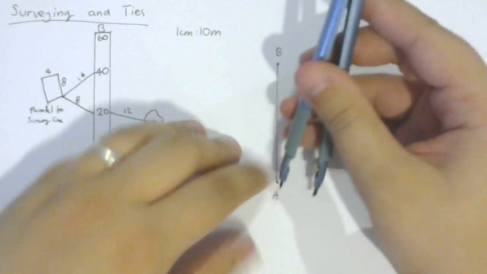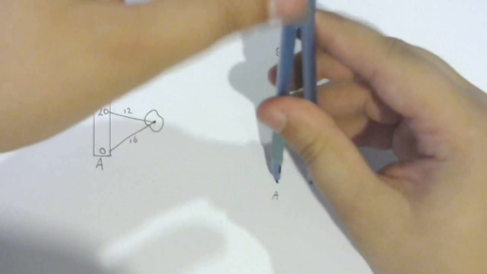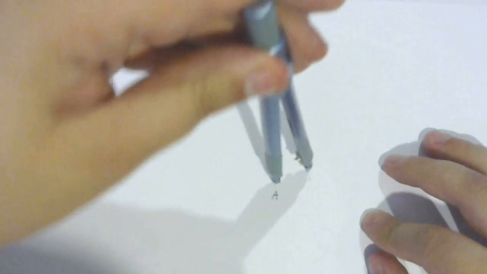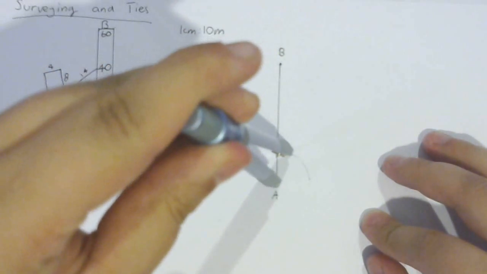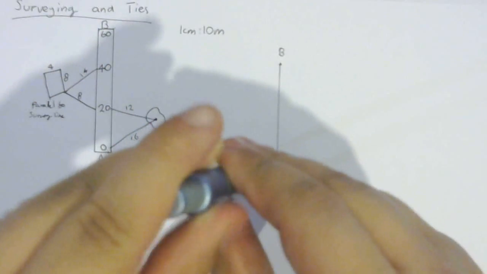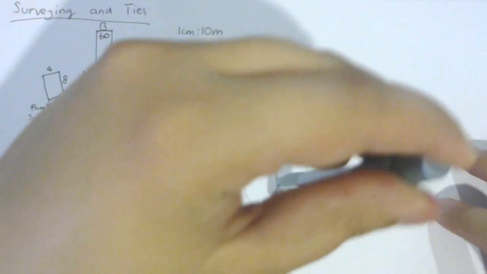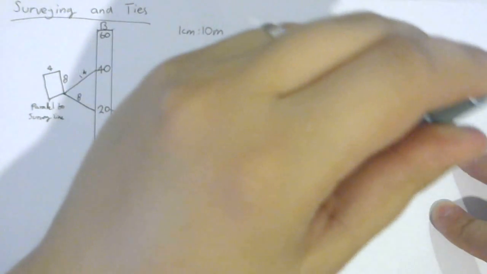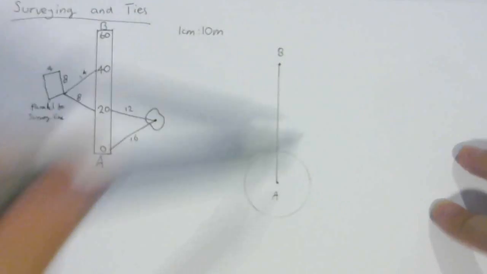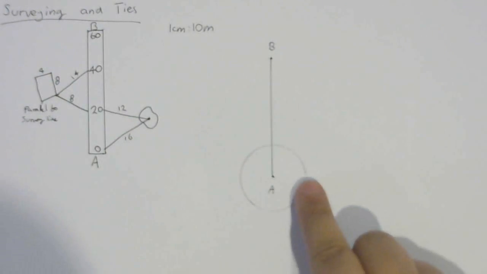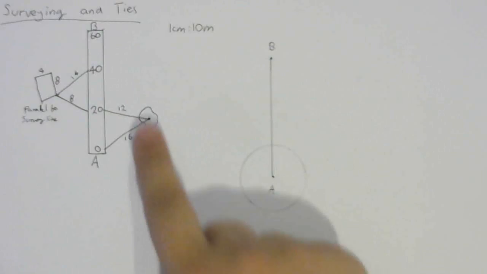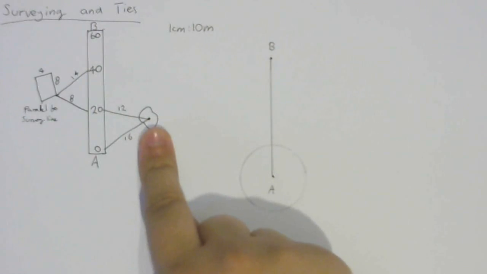I'm going to put the point at the point where we're measuring from, and I'm going to draw a circle using my compass. Any point on this circle is a possible location for this tree.